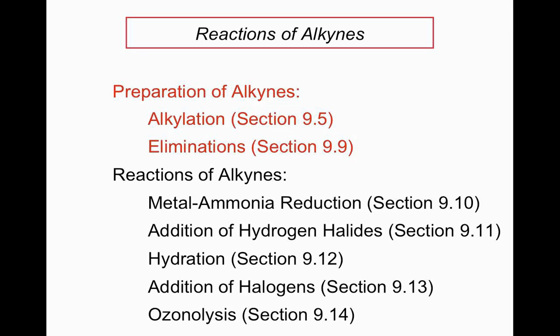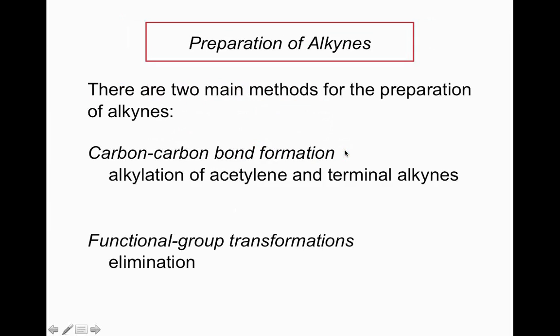Happily, most of these reactions you've seen before with regard to alkenes. Although they'll look different and the reagents may be slightly different than those you've seen before, the mechanisms are almost identical to what we learned about with regard to addition and elimination reactions. For today, we'll talk about two of these reactions, alkylation reactions and elimination reactions.